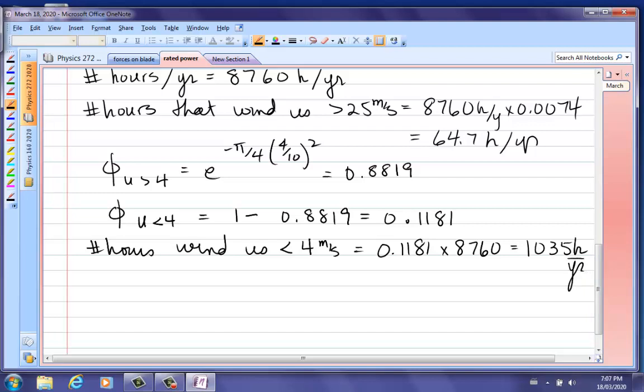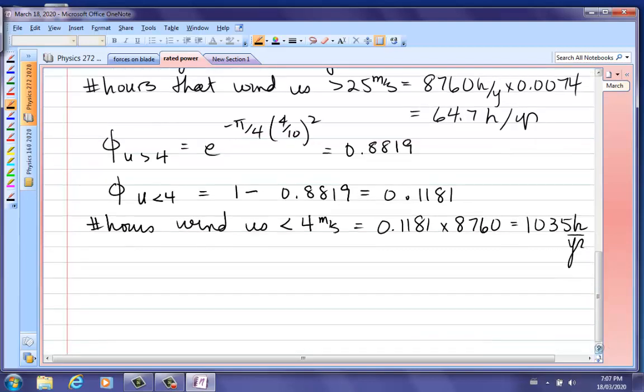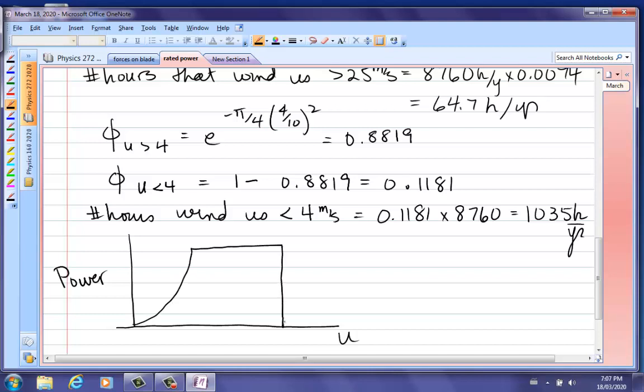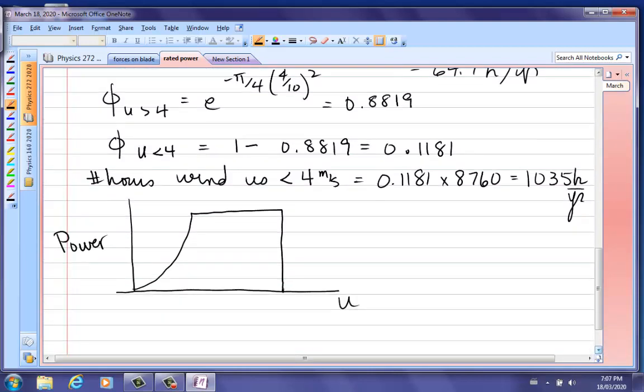Now it's talking about the rated wind speed. So remember the graph that we did in class, where you have power versus wind speed, and the curve looks sort of like this. Okay, this is your cut in. This is your rated wind speed.